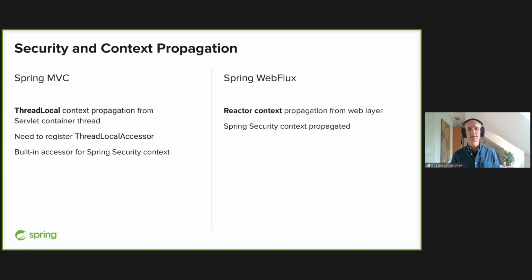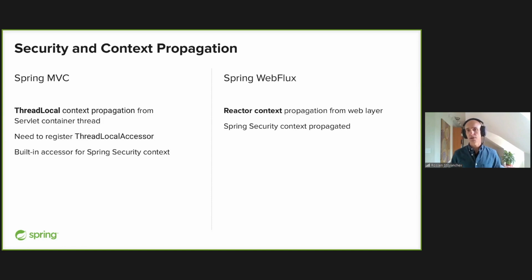And Spring GraphQL takes care of the rest. There is a built-in accessor for the Spring Security context, which means that works out of the box. As long as you're running on Spring MVC, you should be able to use Spring Security annotations in the data layer.